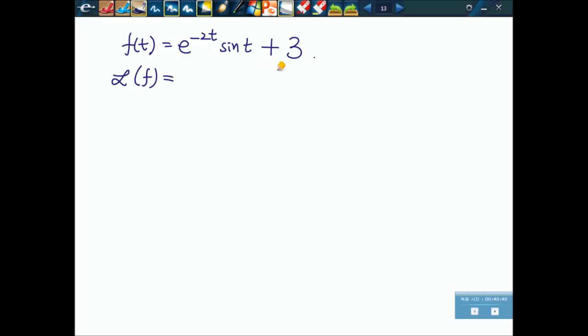So you need to use linearity plus S shifting. Whenever you see a function in time domain, look at the exponential first. See if it's shifting or not, and the linear combination. Then you use both linearity of Laplace transform and S shifting for this problem.